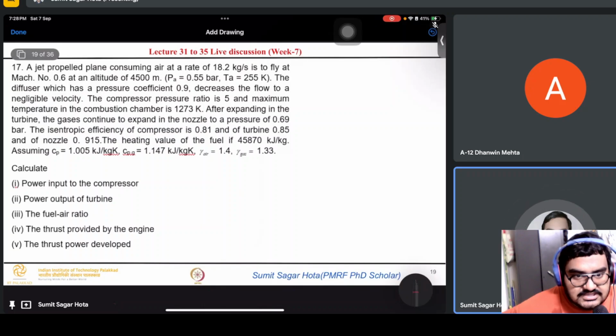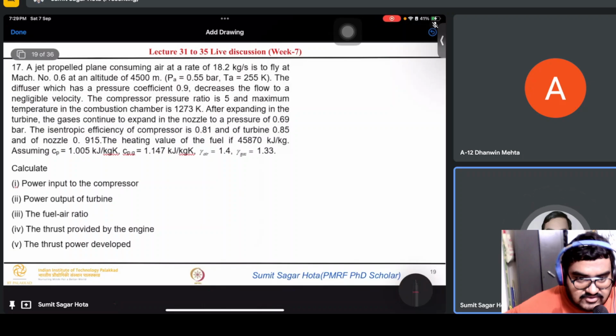The compressor pressure ratio is 5 and the maximum temperature in the combustion chamber is 1273 Kelvin. After expanding in the turbine, the gases continue to expand in the nozzle to a pressure of 0.69 bar. The isentropic efficiency of the compressor is 0.81, of the turbine 0.85 and of the nozzle 0.915.